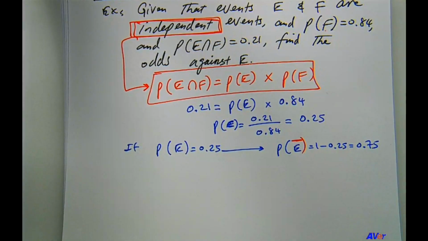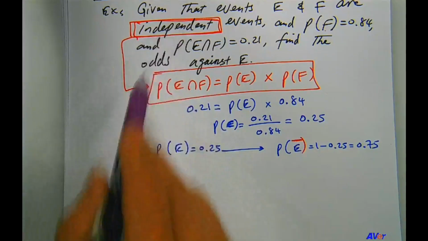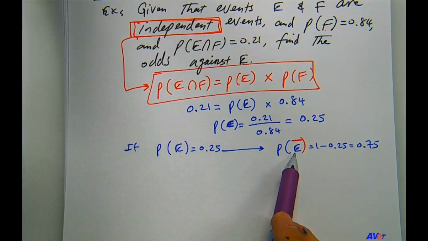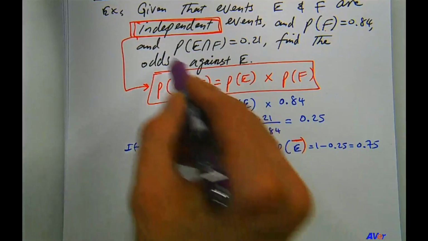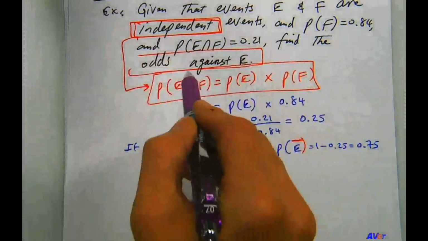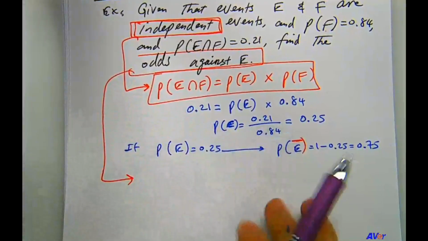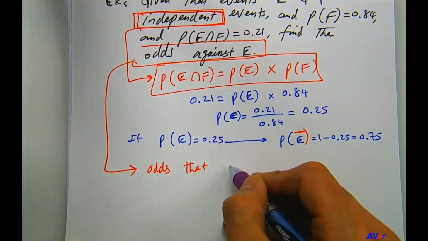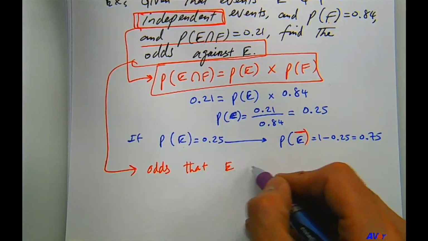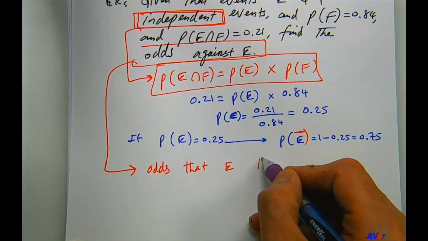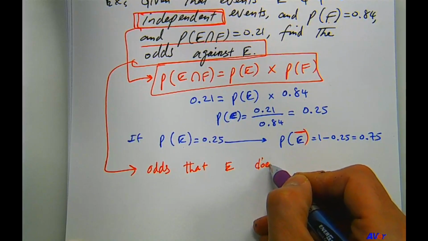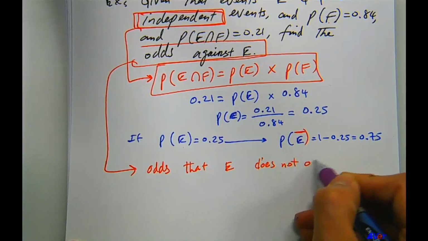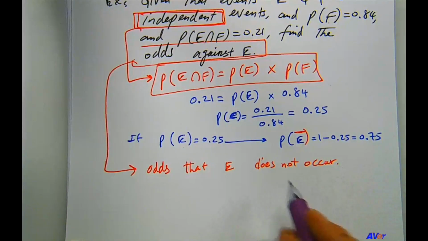So we now know the probability of E from this formula because E and F were independent, and we know E bar, which means E is not occurring. So they're asking us for the odds against E. That means odds that E does not occur, right?